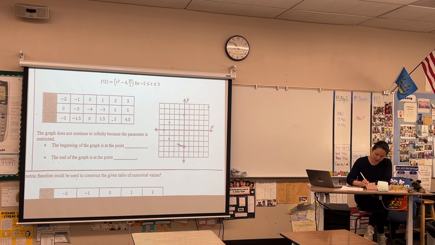Hopefully you guys are seeing. And then another parabolic. And we have our arrows going this way.